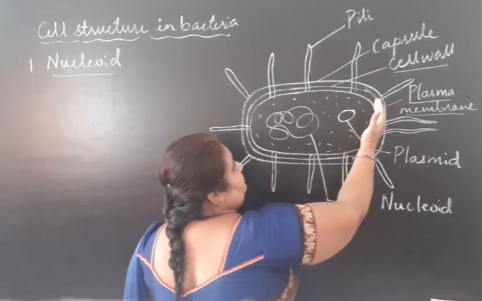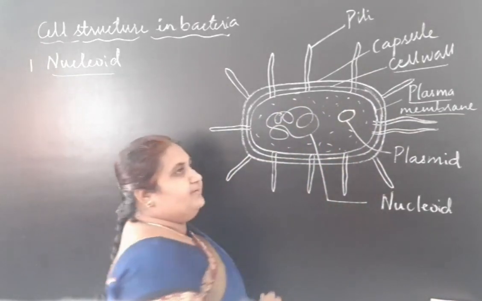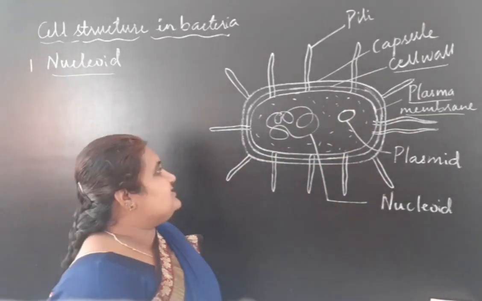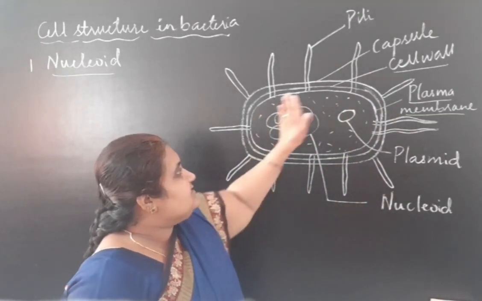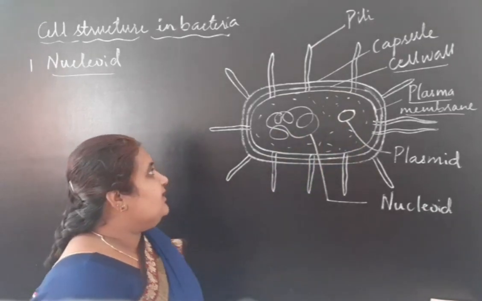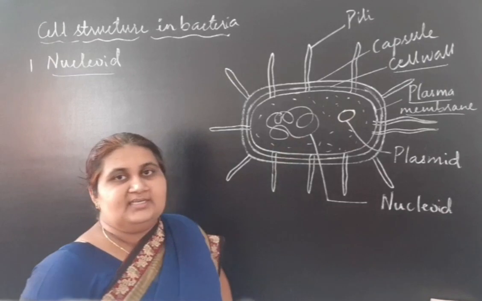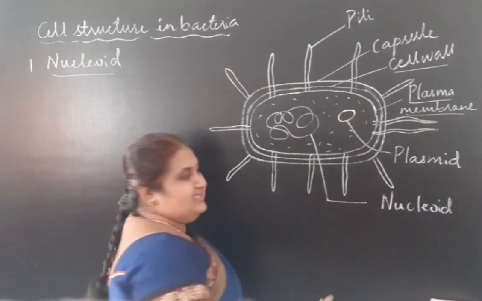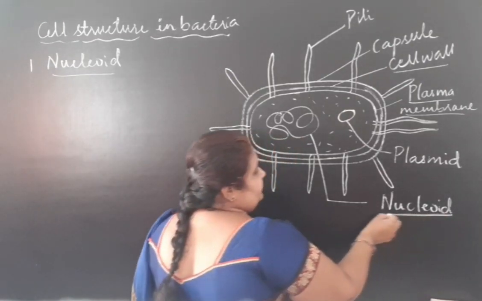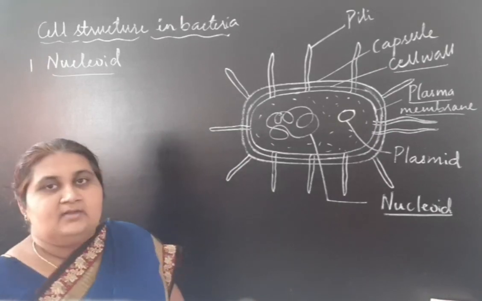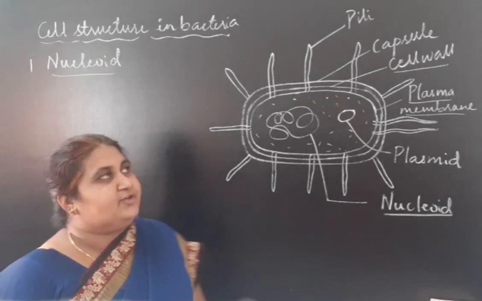Within the plasma membrane, there is a cytoplasm in which there is a genetic material, bacterial genetic material called nucleoid. What is nucleoid?